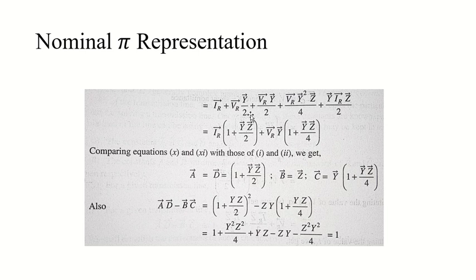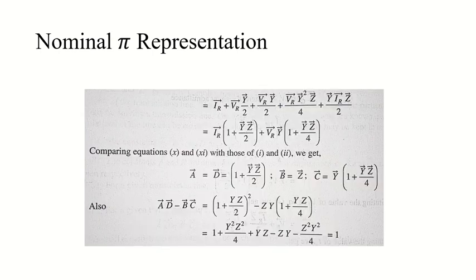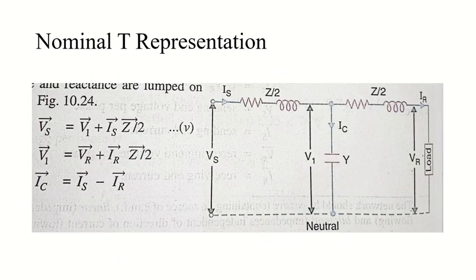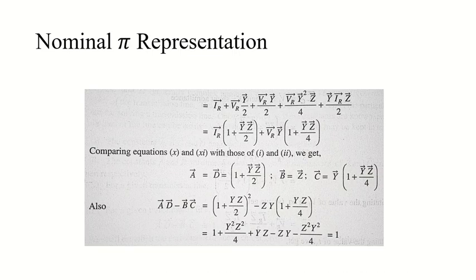Now from this, let's try to form an equation similar to the equation which we saw earlier. So let's mold our equation in this way, in which Vs will be equal to A into VR plus B into IR. When we try to do that, what will we get? We will get IR into 1 plus yz divided by 2.